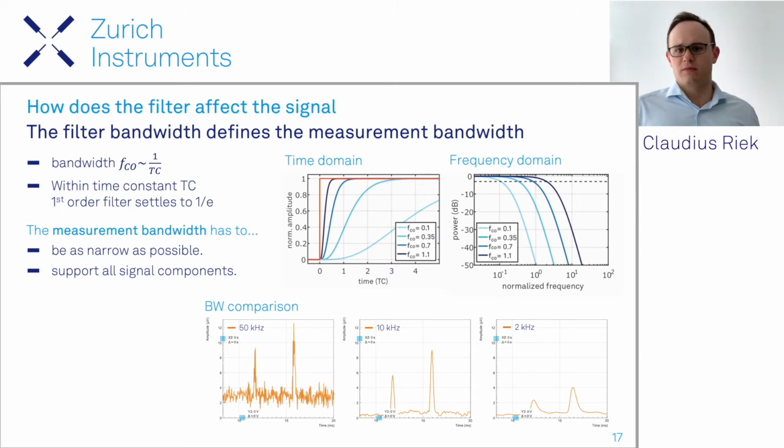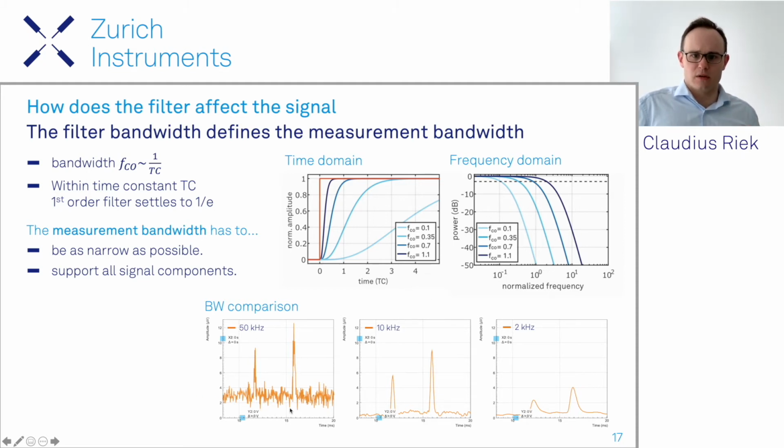The filter bandwidth is also represented by a time constant, and within this time constant your signal settles to a finite value. And this is important for laser scanning microscopes in particular, because this defines your pixel dwell time. And now the idea always must be you want to be as narrow as possible to filter out all the additional noise, and still you want to support all signal components.